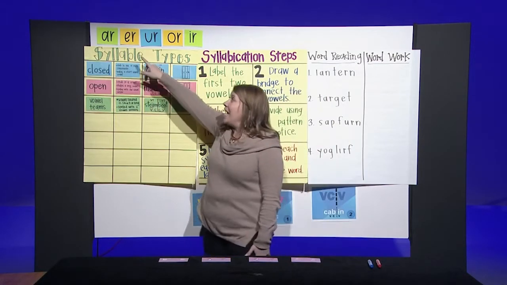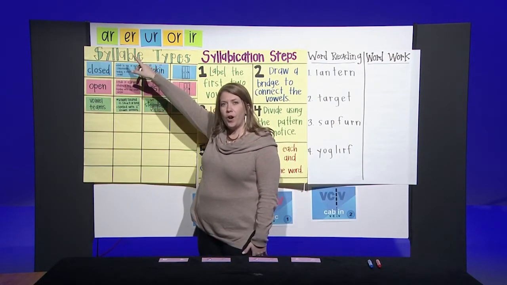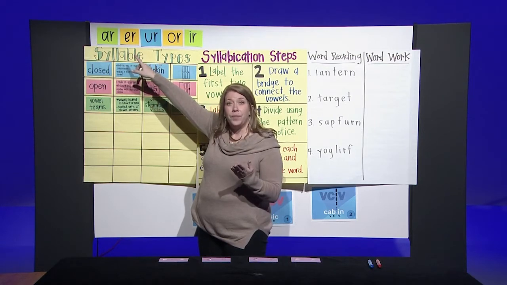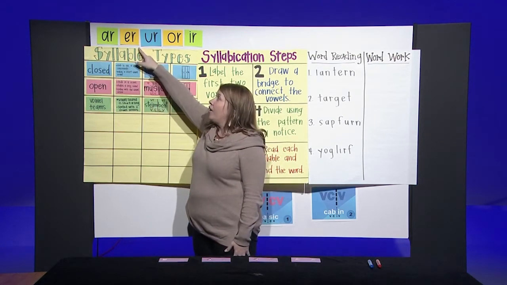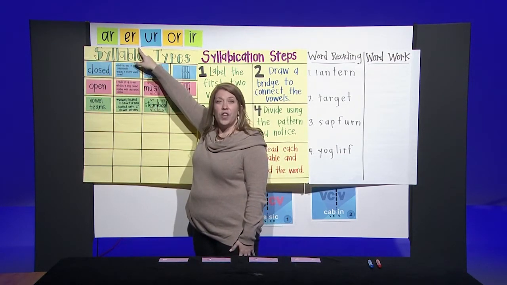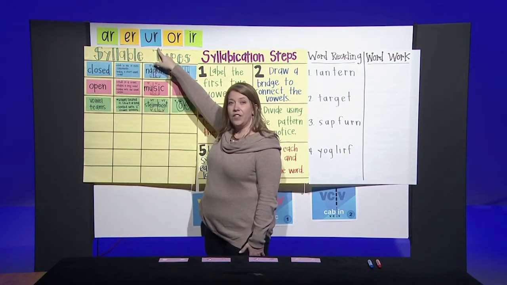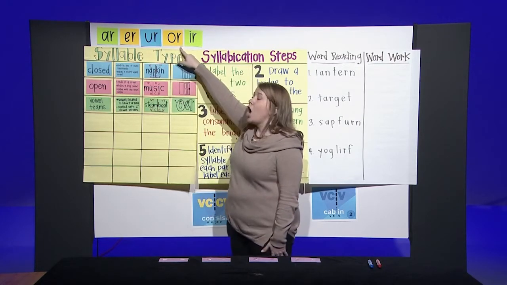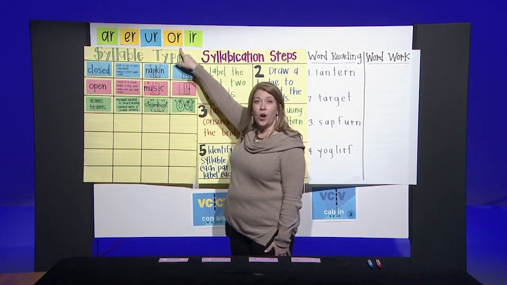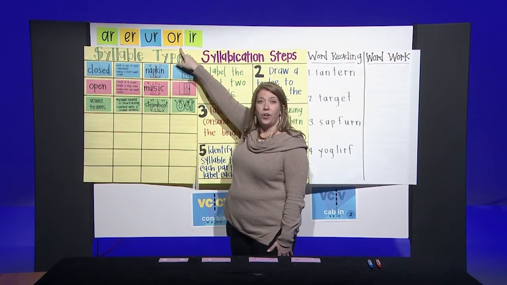So when AR are together in a word, they're going to say R. When ER is together in a word, they'll say... When UR is together, it will also say... When OR is together in a word, it'll say OR.